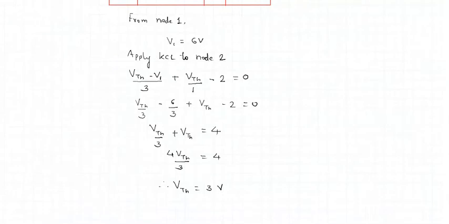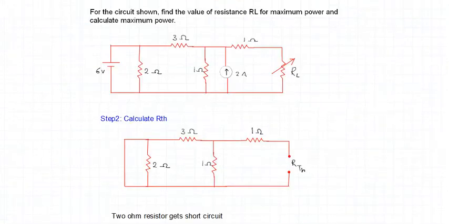So in step number 1, what we did was remove the load resistance and measure the open circuit voltage VTH. Moving to step number 2, it says calculate the equivalent resistance of the entire network. We want to measure the overall resistance of the network. To do that, we need to replace the sources by their internal resistance.